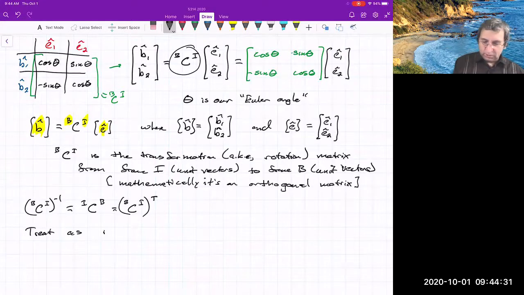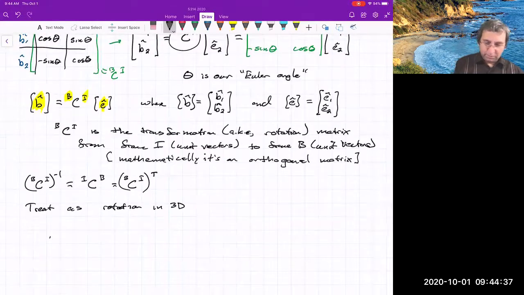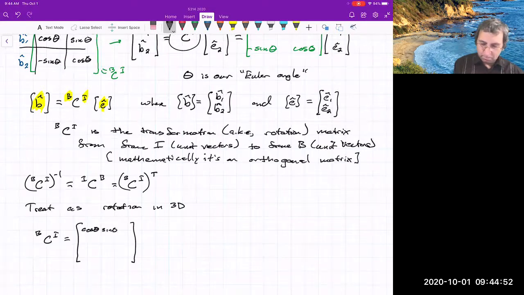So if we treat this as a rotation in 3D, then we would have a 3x3 matrix, but all of the important business would be in a 2x2 block. So this upper block here, and then there'd be a number 1, and then everything else would be 0.